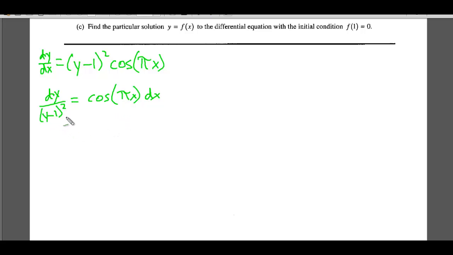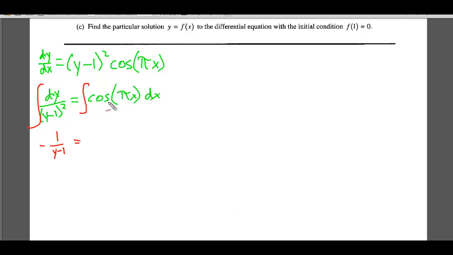We're going to integrate both sides. The (y minus 1) to the negative 2 becomes (y minus 1) to the negative 1 over negative 1, so this is negative 1 over y minus 1.